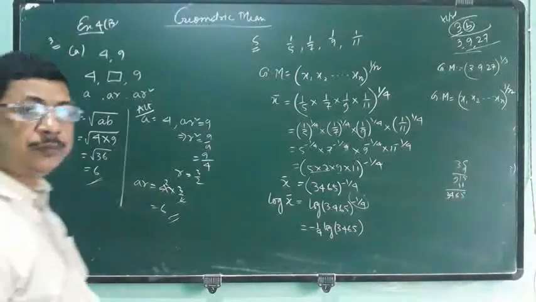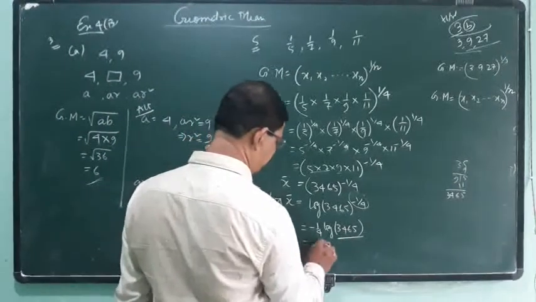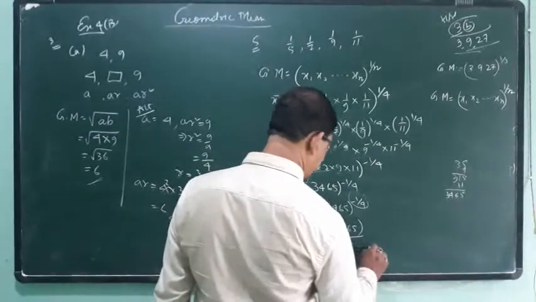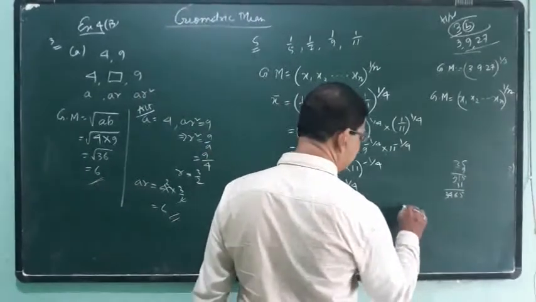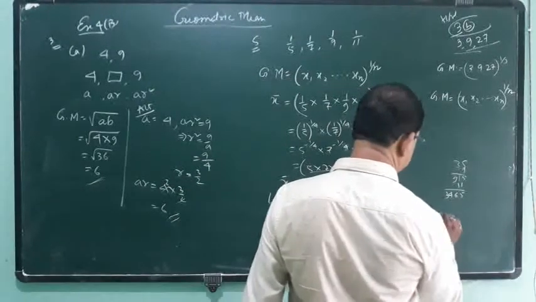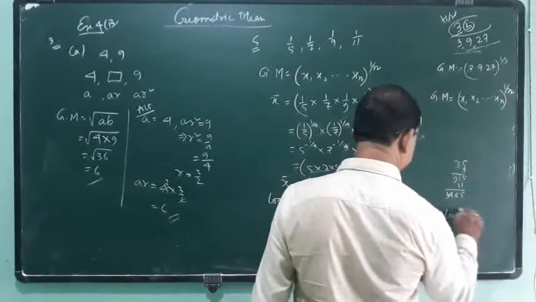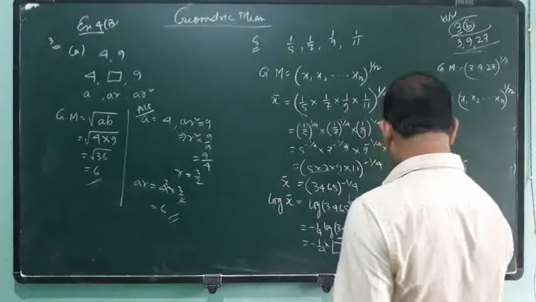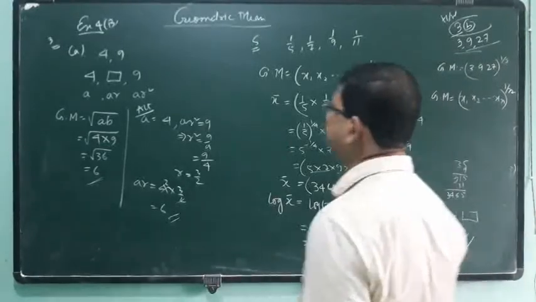Today actually I am not prepared with the log table. So you put these values of log, and after putting these values, you divide and get a value. Then x bar, if you remove this log, will be the anti-log of that term. If you calculate the anti-log of this, the answer will be 13.03.